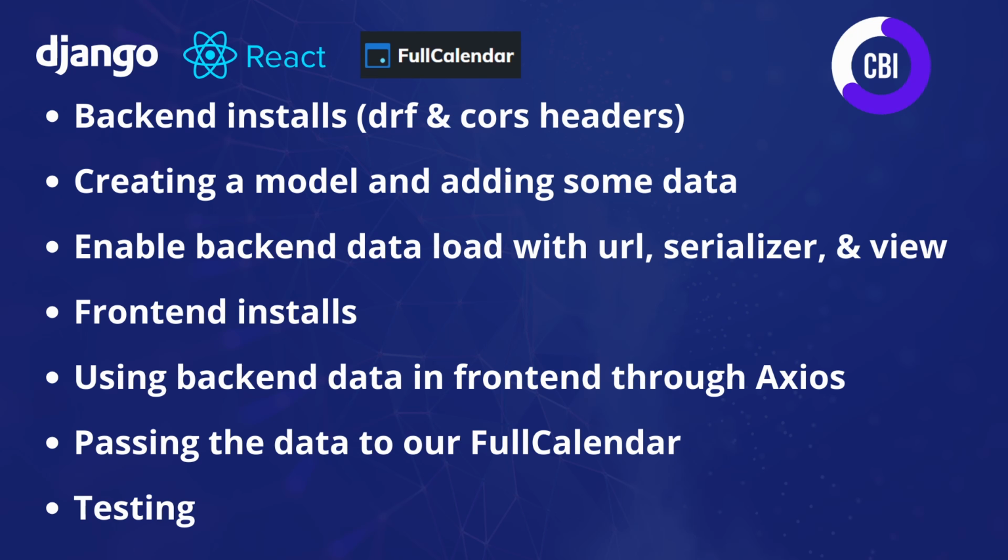Then we're going to enable our backend to send data to the frontend by creating a URL, a serializer, and a view. And then on the front end, we're going to also do some installs and make sure that we can retrieve that backend data by using Axios. Then once we have that data, we're going to be passing it to our FullCalendar and see if everything works the way that we expect.